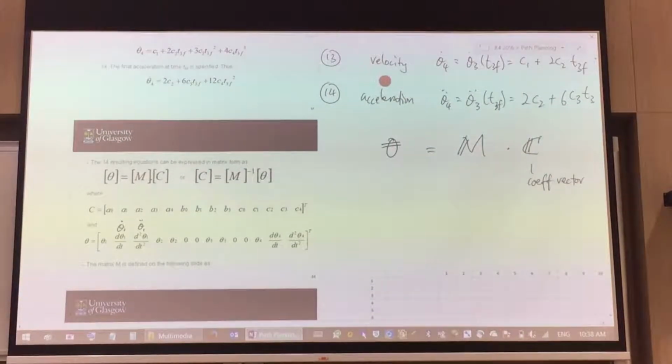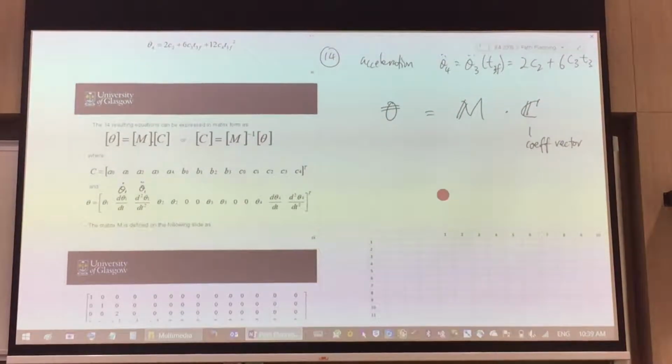If you look at your 14 boundary conditions, starting from the first one, we were talking about theta 1. Second one, we were talking about theta dot 1. Third one, theta dot dot 1. And so on. That will form your theta matrix. I take away the transpose, so now we are left with this M matrix.